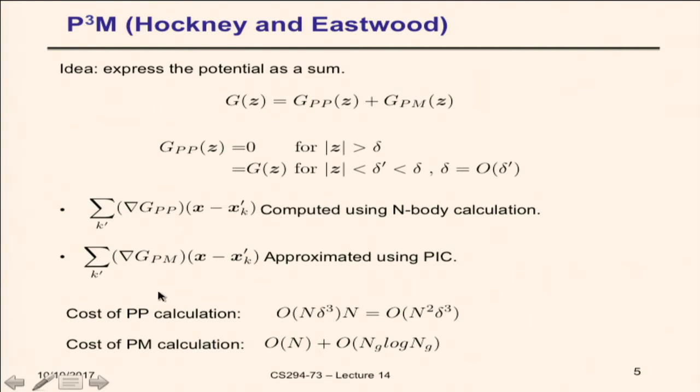So the cost of the particle-particle part of the calculation is, as we discussed last time, order the number of particles squared times the size of the correction region cubed. So you cut down the amount of n squared work you do by delta cubed, the volume of these regions.